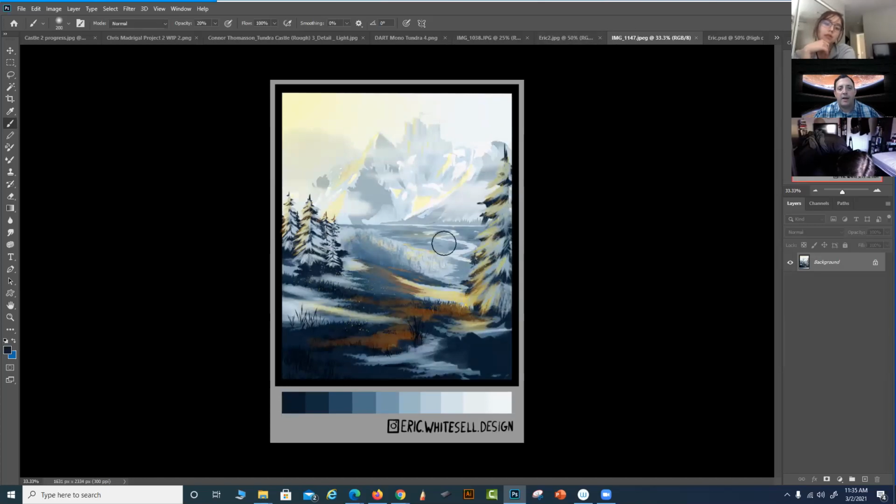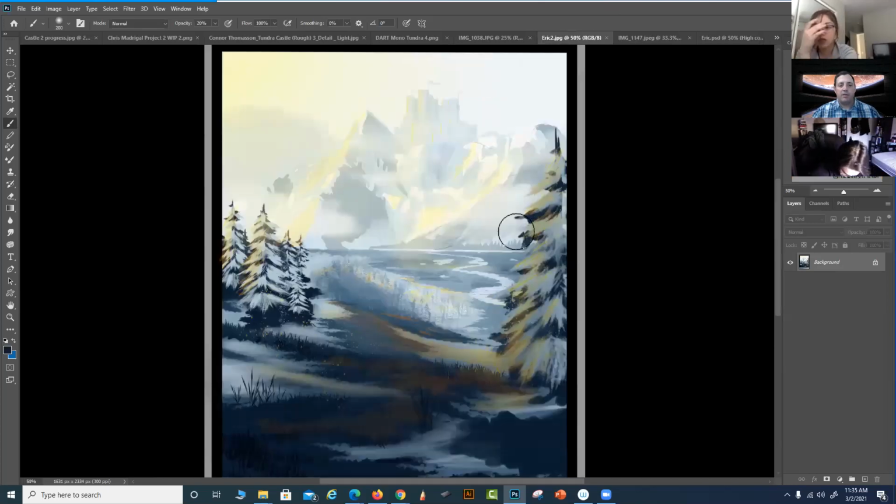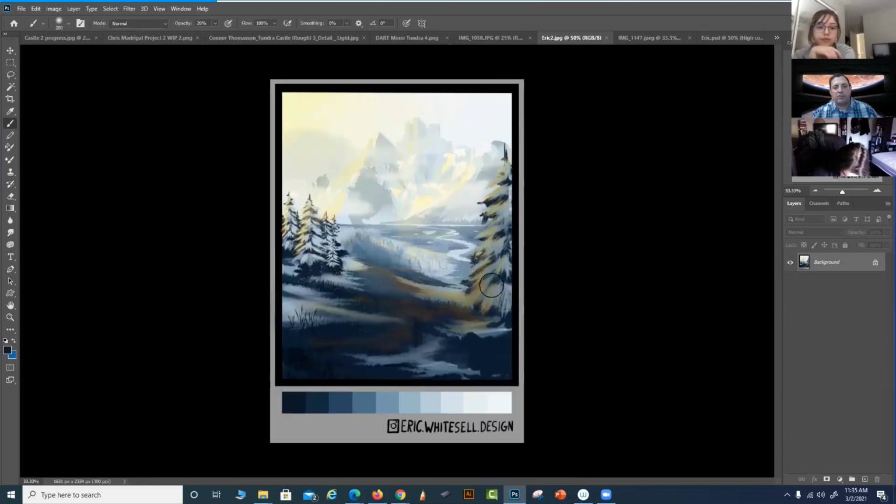Yeah, I would dull it down a little bit, especially what's happening is this foreground is competing against what's in the background there. So what I did here is I just tried to flatten it down a little bit. I'm trying to push some of these highlights down so they're not as bright, but it still spreads in there.